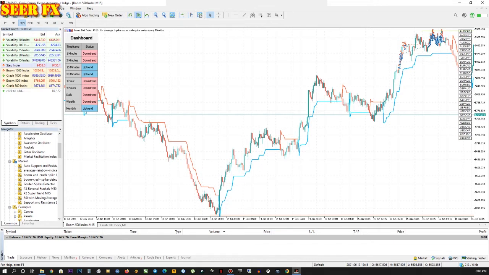Once your super trend indicator shows you a buy signal, then you can enter your trade. Where will you put your stop loss? Your stop loss will always be below this support line, somewhere here, because sometimes you have a drawback, or you can just give it more space.